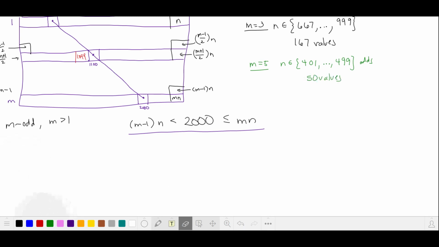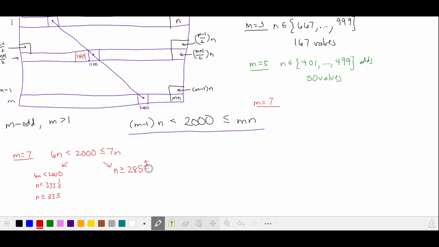Let's continue on. We're going to do m equals 7. That gives us 2000 is between 6n and 7n. n is less than 333, n is an integer. n equal to 285 and 5/7.